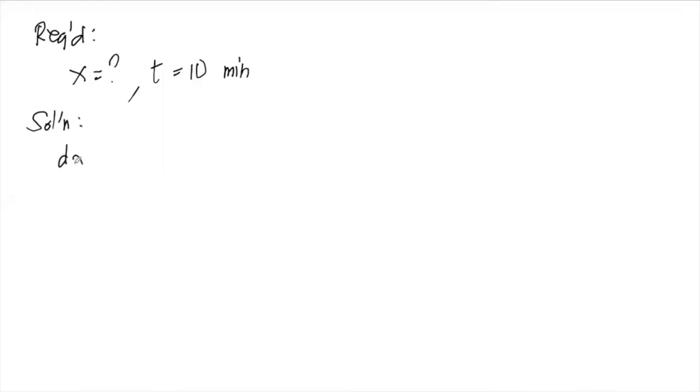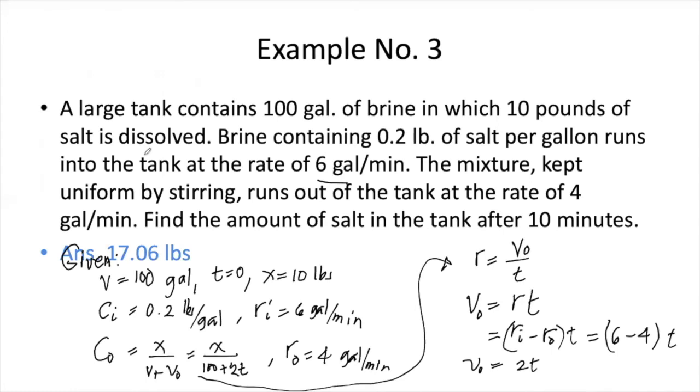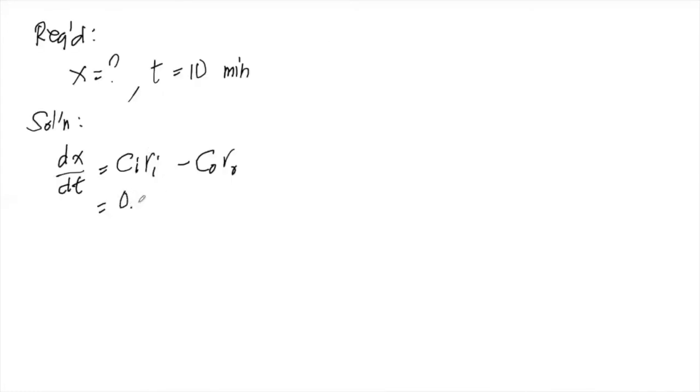So the equation is dx over dt is equal to rate in minus rate out. So C sub I times R sub I minus C sub O times R sub O. C sub I is the concentration in, which is 0.2. So 0.2 times the flow rate in of 6, minus x over 100 plus 2t times 4.